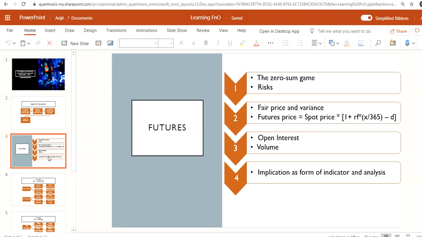So if the stock is expected to go higher, there will be more demand for buying futures, and hence the futures price may go up. If there is speculation that the stock might go down, then futures will have more selling, and the futures price will come down. That's how the price movement works in futures.